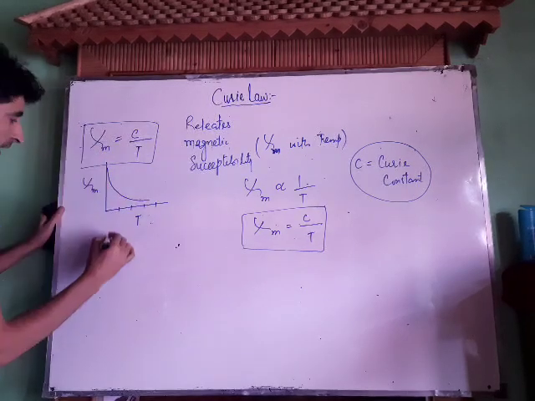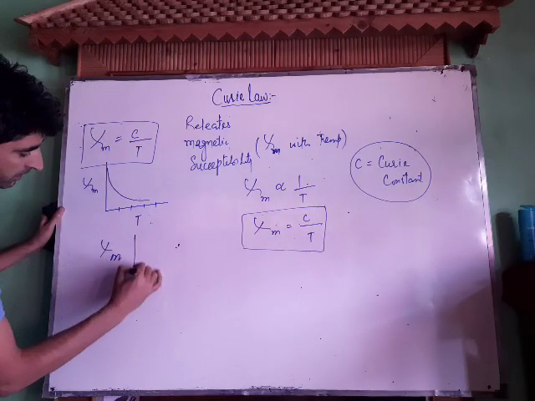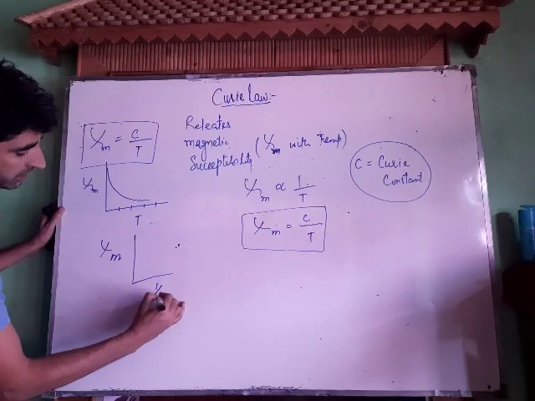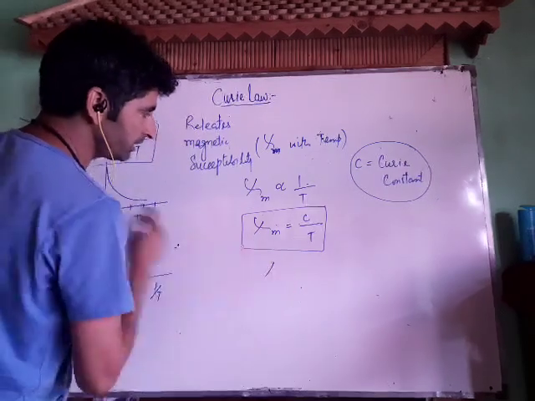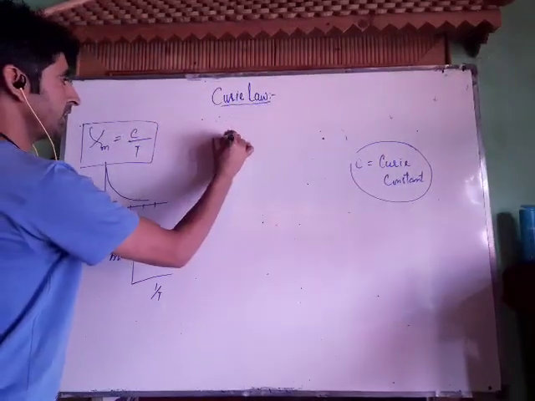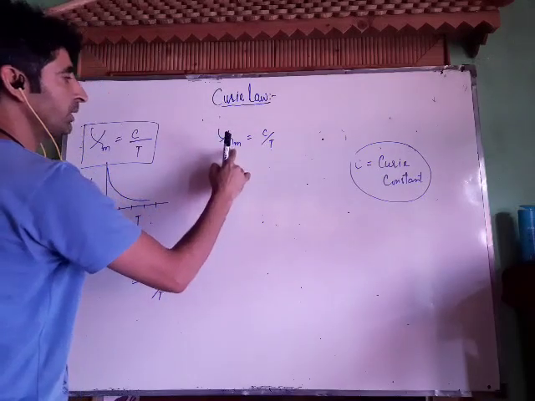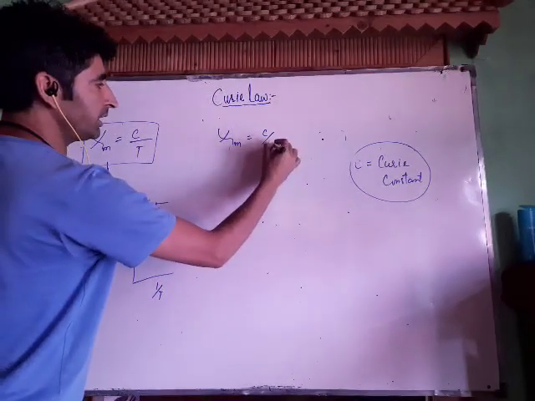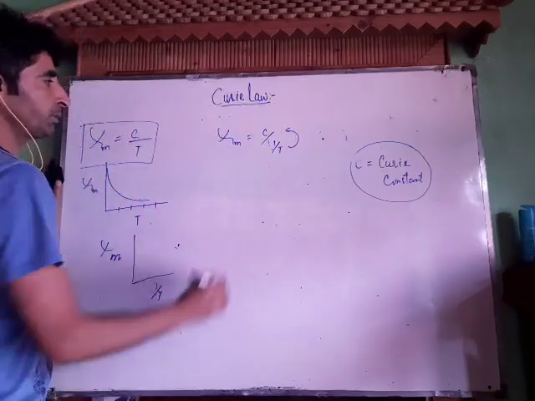Or if we plot a graph between chi m versus 1 by T, by 1 by T I mean that in this equation chi m is equal to C by T, T will come over here and it becomes directly proportional.